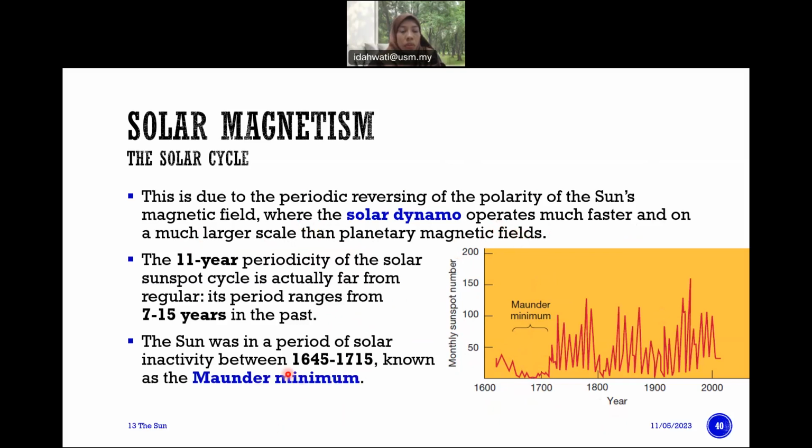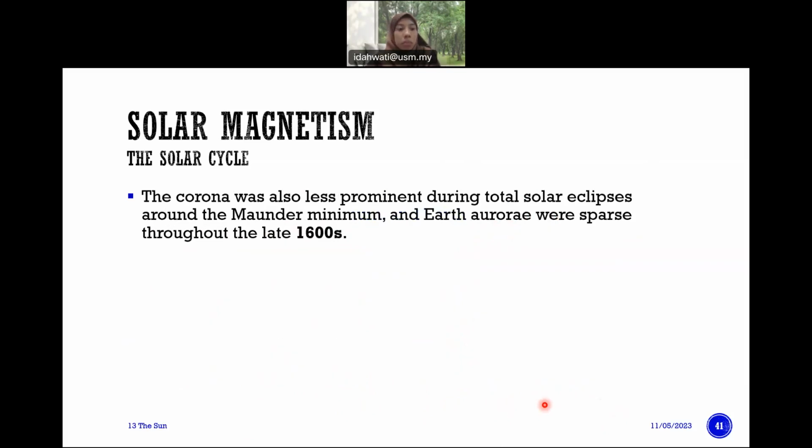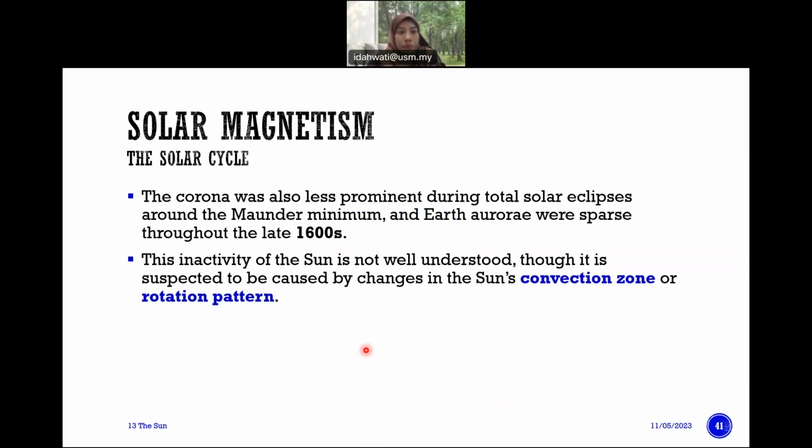So this Maunder minimum is when the sun was in a period of solar inactivity between 1645 and 1715 in history. Since then, it's called the Maunder minimum. We also have the corona, which was less prominent during total solar eclipses around the Maunder minimum, and the Earth's aurora were sparse throughout the late 16th century.